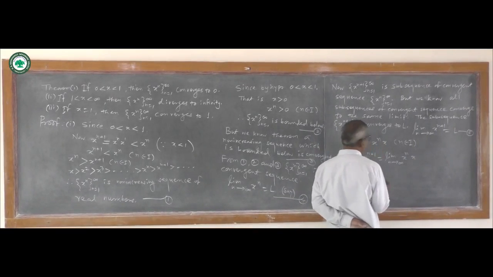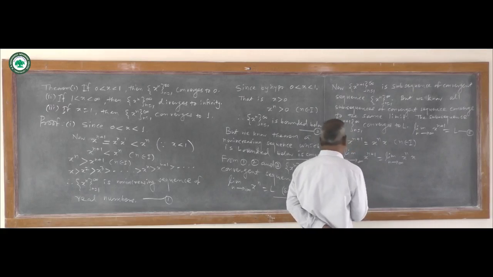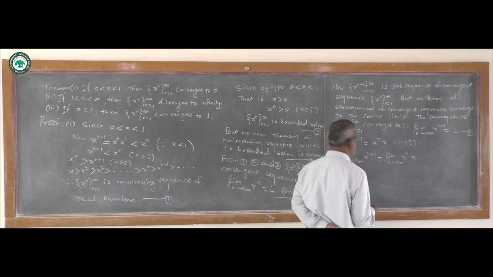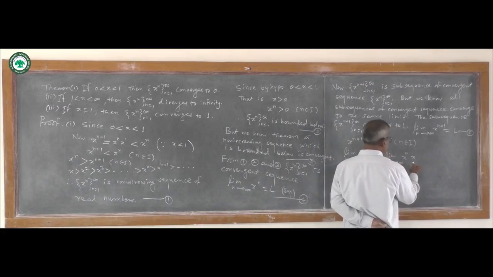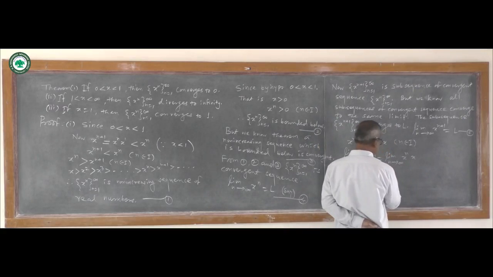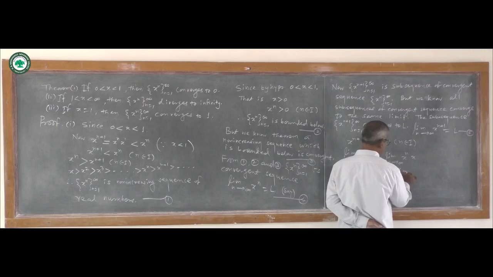By using the above theorem, we write this as x times the limit as n tends to infinity of x^n.